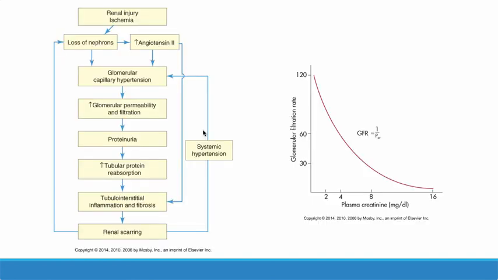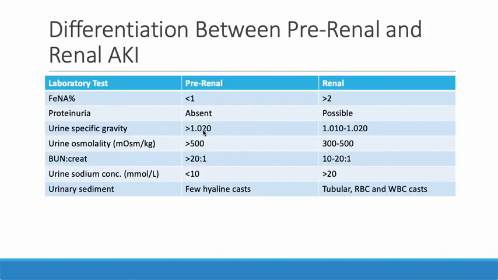it would be if you had good blood flow to the glomerulus. So higher urine-specific gravity means that you have more concentrated urine. Lower specific gravity, 1010, means that you have very dilute urine.